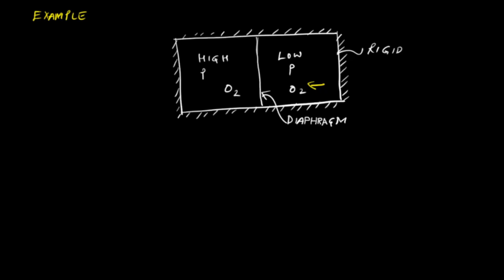Then we remove this diaphragm or partition, and these two gases will mix with each other. So the question is, if I consider a system demarcated by this system boundary shown in this yellow dashed line, that is, the system comprises the gases in both chambers, then what is the work done on the system?